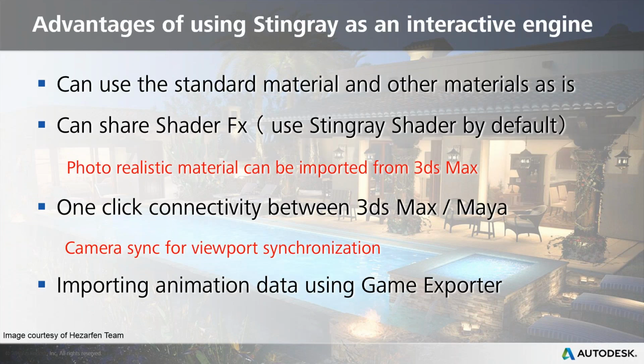If I'm talking about the major advantages, you can use standard materials and other materials as is. You don't have to really change anything. If you made something in 3ds Max and you expect the same shader networks to go through inside the gaming engine, it happens seamlessly.